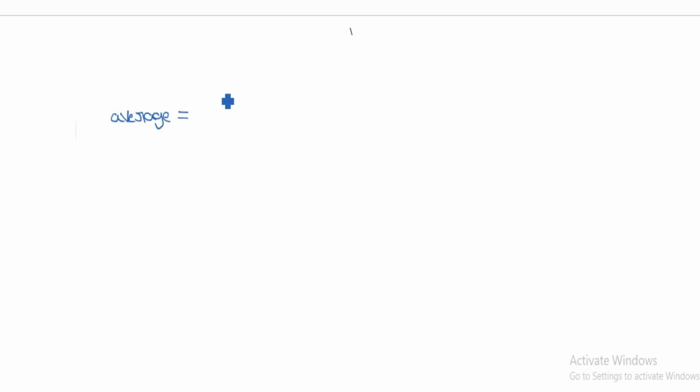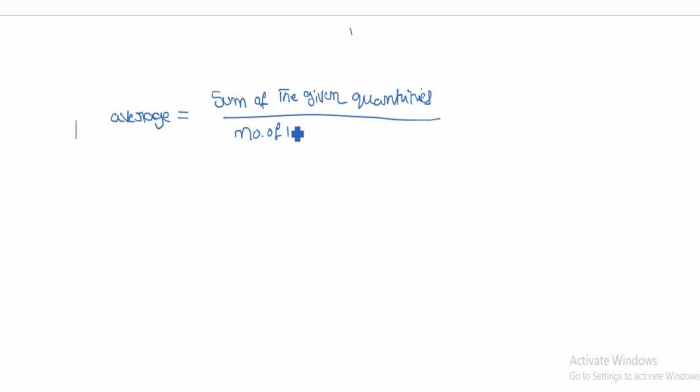Average is equal to the sum of the given quantities divided by the number of the given quantities.